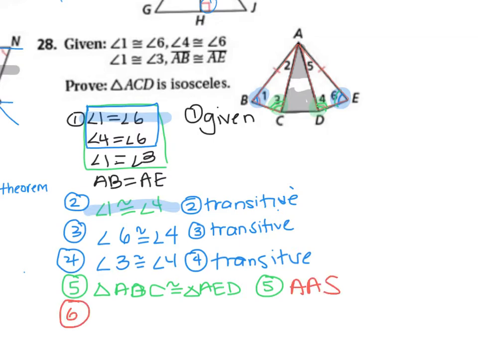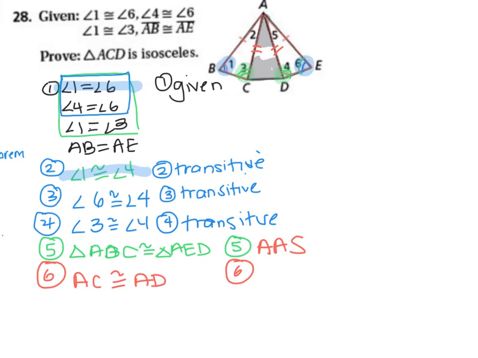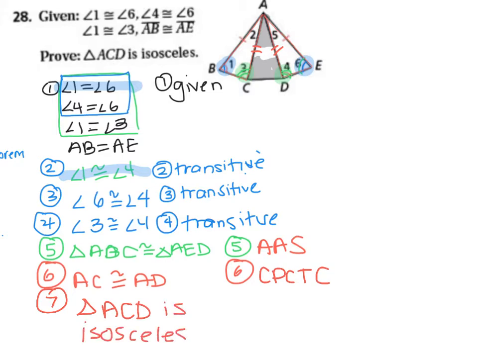So then the next step would be that these 2 sides are congruent. AC is congruent to AD. And what do we say the reason is for that? CPCTC. So then I can say triangle ACD is isosceles. Oh, how do you know it's CPCTC?